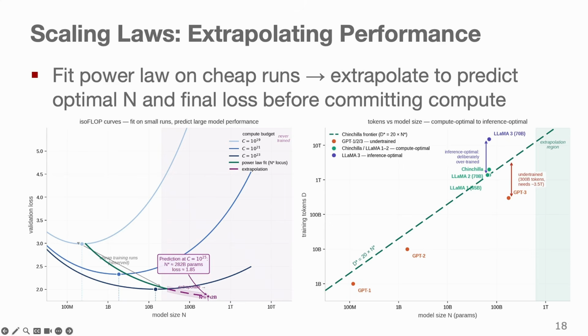Before you commit your entire compute budget to one big expensive run to train your next GPT-6 model, you first do a bunch of cheap small runs at different model sizes and compute budgets, and then you can extrapolate what the performance of your bigger model will be. And you can see that by following the line of this isoflop plot.